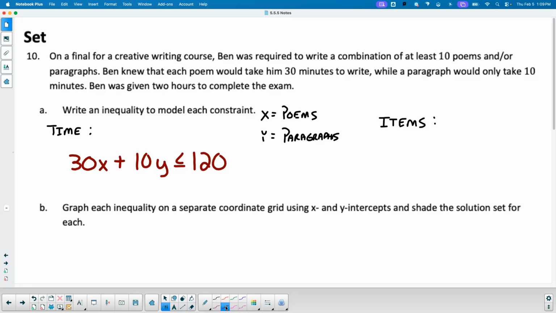Not y, x. He's going to write x poems, right? How many paragraphs is he going to write? y. What am I going to do with x and y? Add them together. And all told, that has to be greater than or equal to, because it said at least, right? Greater than or equal to 10.